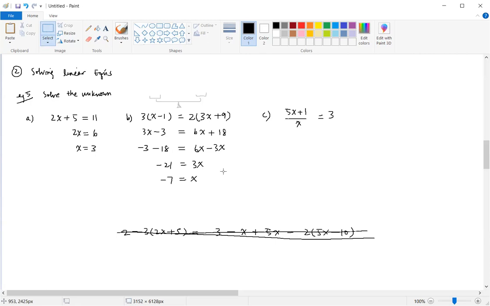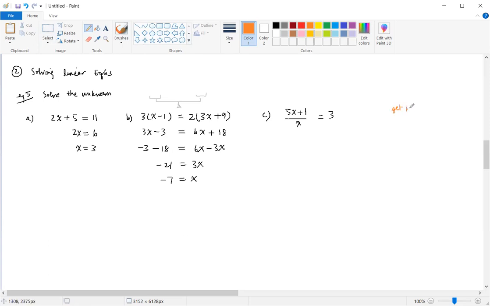So the problem is now if we have two layers, we just do one more step, which is get rid of the bottom first. Last class, we did that. My orange pen, again, orange pen is for when we get rid of the fraction. Getting rid of the bottom means we multiply every term by the common denominator. Here, the common denominator is x. Remember last class, I had this orange pen also.